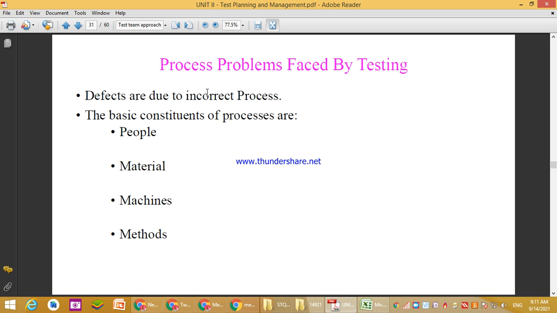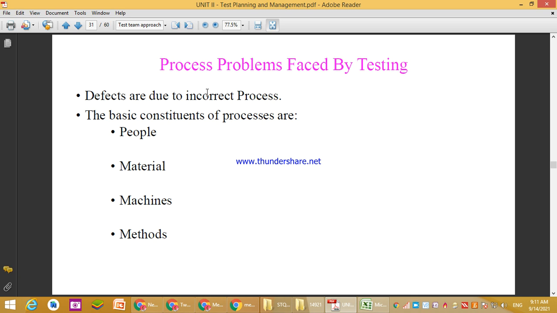Then second, the basic constituents of processes are people, material, machines, method. These are the different constituents of processes which may become the problems in the process, and which are faced by the testers during testing time.